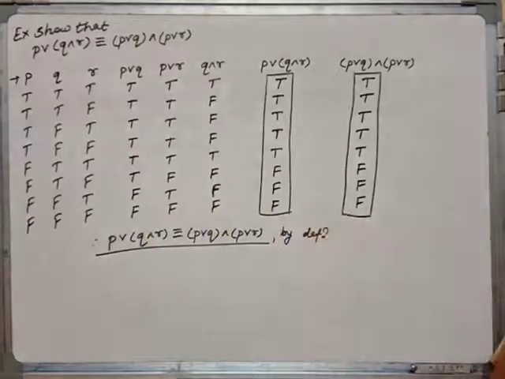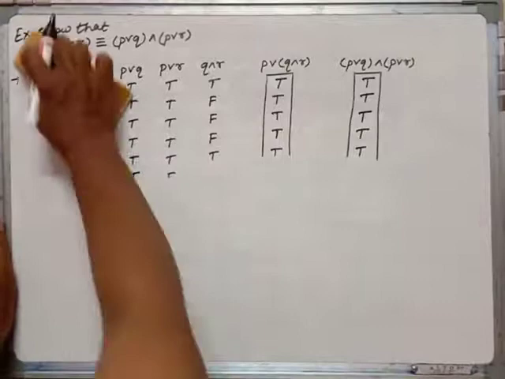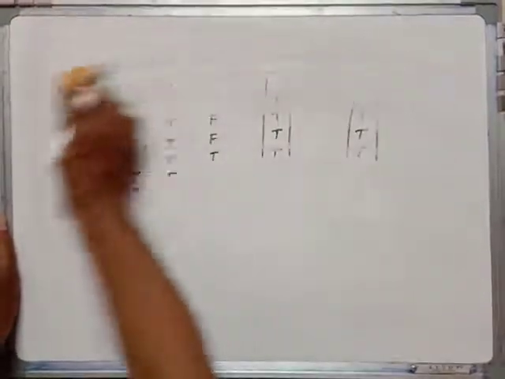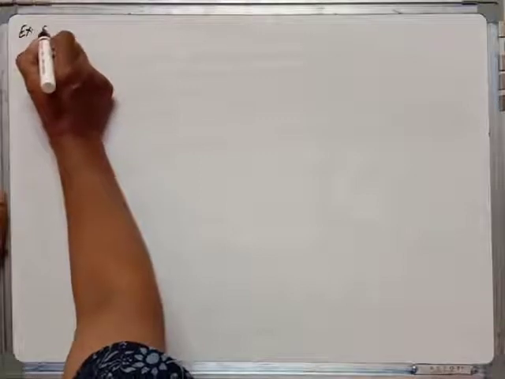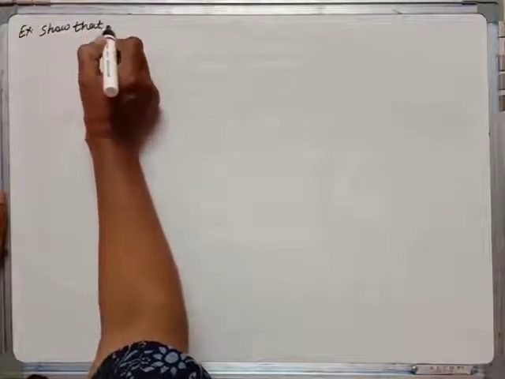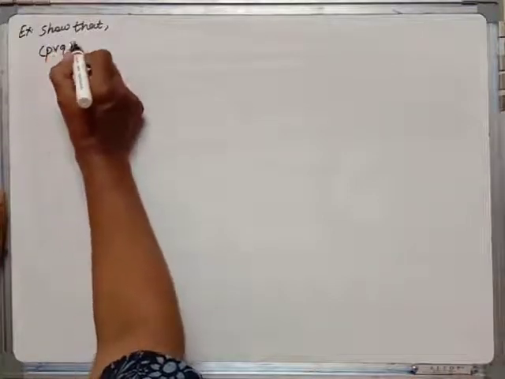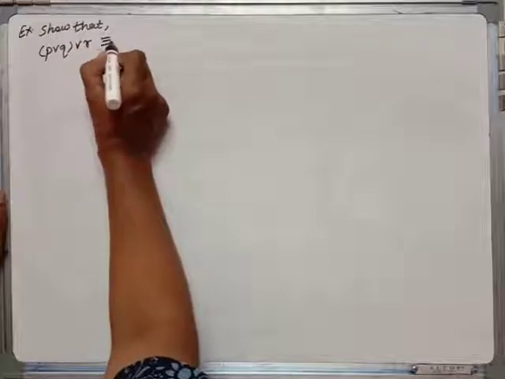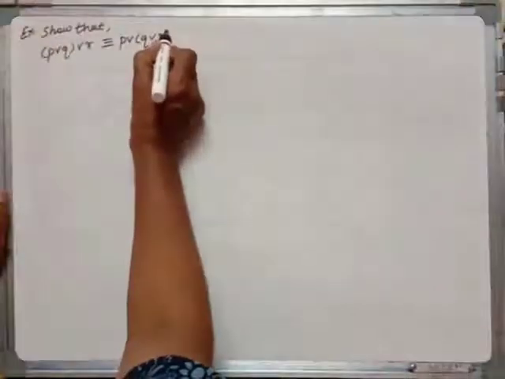Now the next example, let us take one more example. Further also I have to take some examples. Okay. Now let us show that (P or Q) or R is equivalent to P or (Q or R).